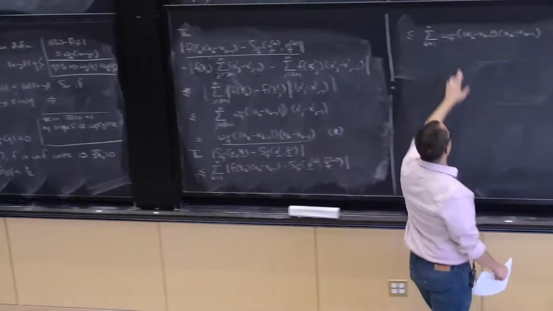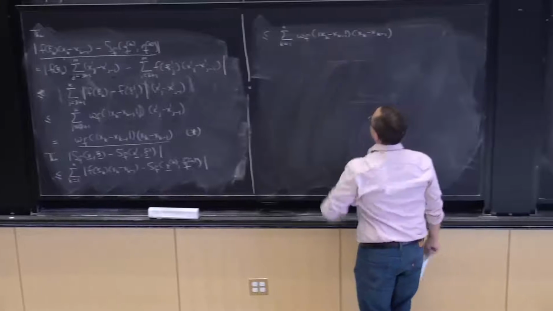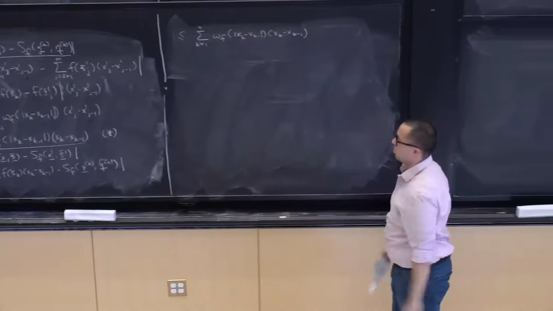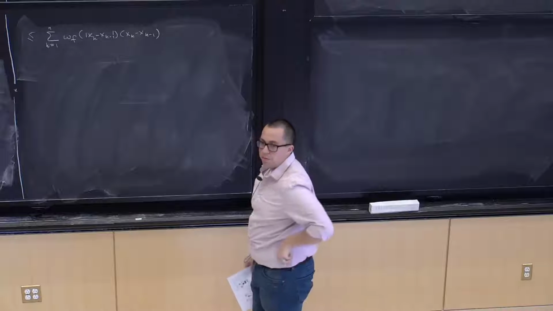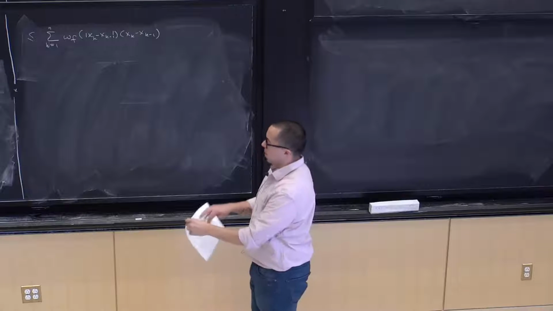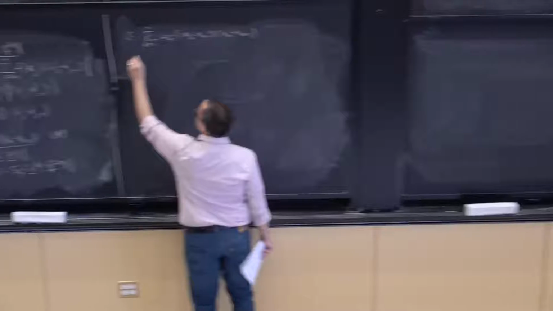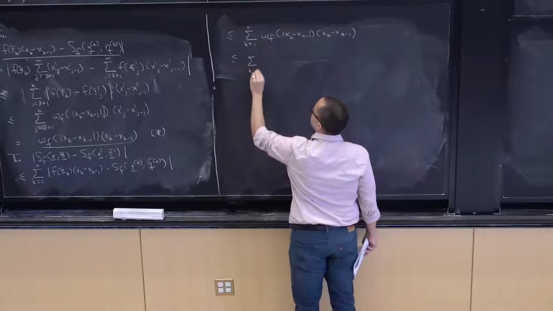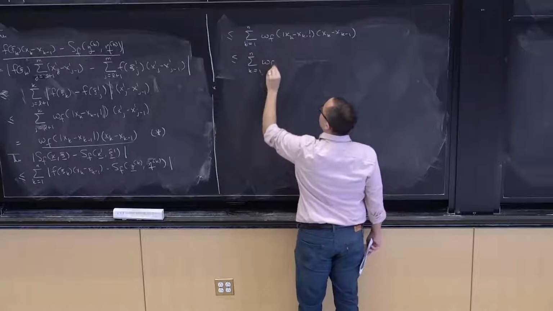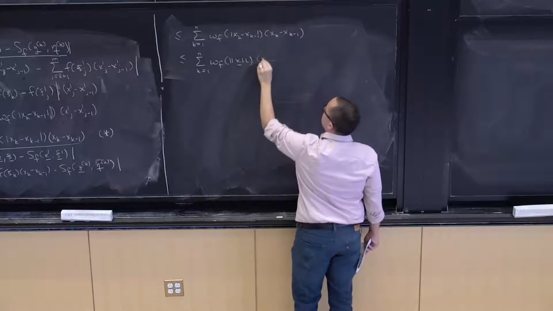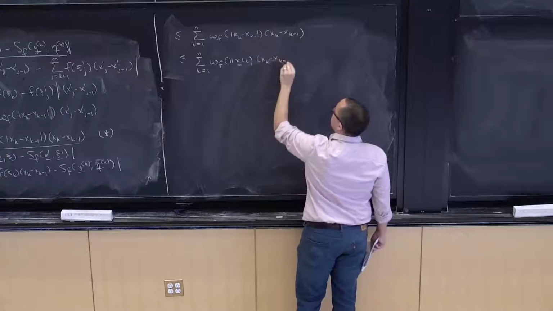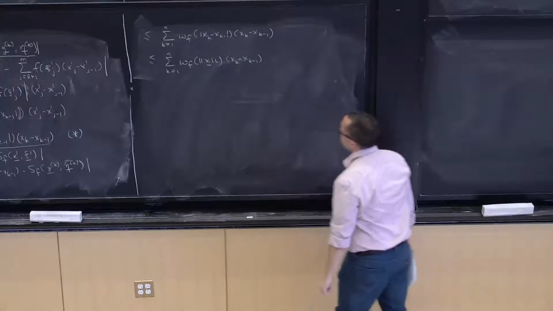So all of these lengths of the subintervals, the distances between partition points, are bounded by the norm of the partition, the biggest one. So this is less than or equal to the sum from k equals 1 to n of omega f of the norm of x times x_k minus x_{k-1}.